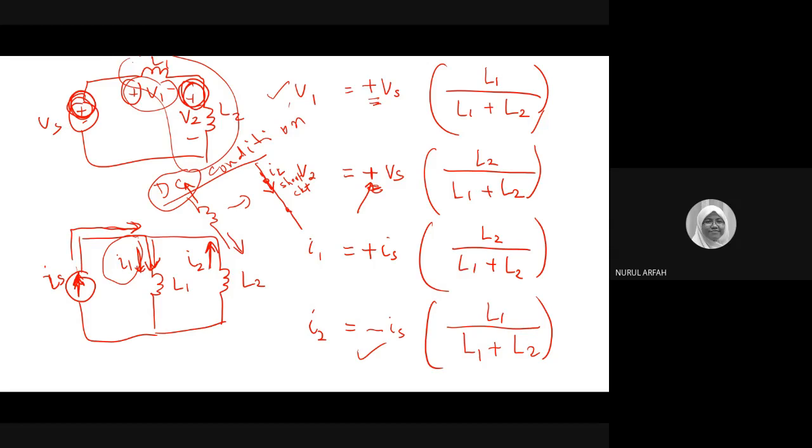And then what about the capacitor? Under DC condition, what happens to the capacitor? Open circuit. Yeah, open circuit. You need to replace it with an open circuit because when you pull these two ends apart, you will have an open circuit like this.